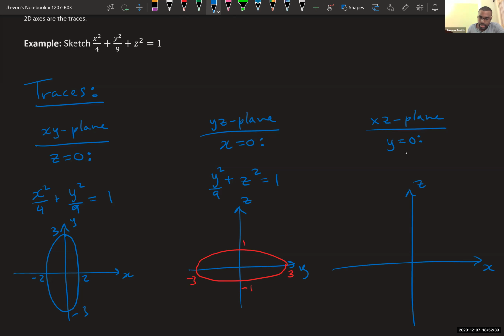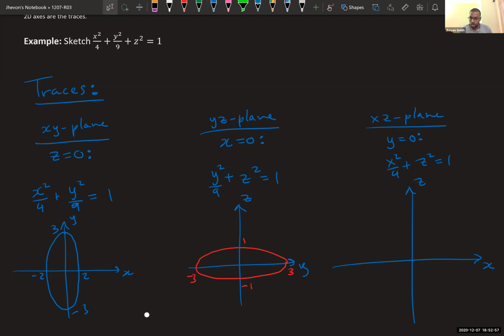What does it look like in xz? Well, that would look like x squared over 4 plus z squared equals 1. Notice that is another ellipse, but this one stretches in the x direction. So this one stretches 2 units in the x, 1 unit in the z.